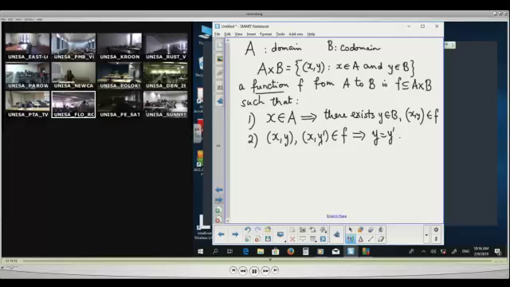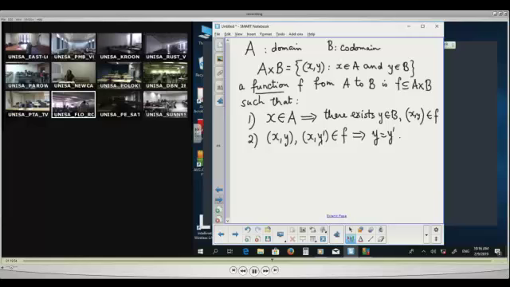The first one says, you take anything, I'll get an output. The second one says, you take anything, I cannot get two outputs, I'll get only one output. So, what does this say? If (x, y) and (x, y prime) belong to F, it means that X is the input, but F produces both y and y prime as output.